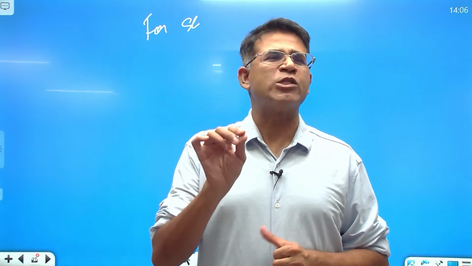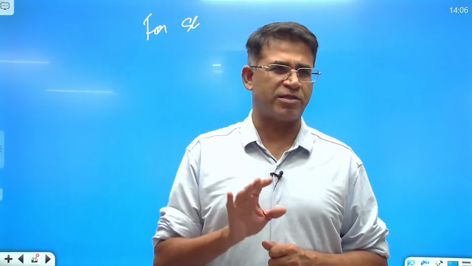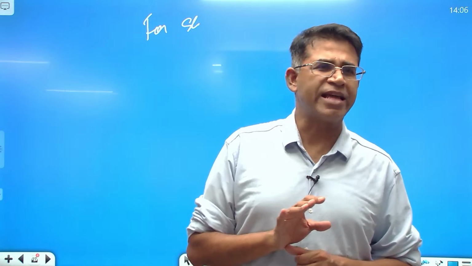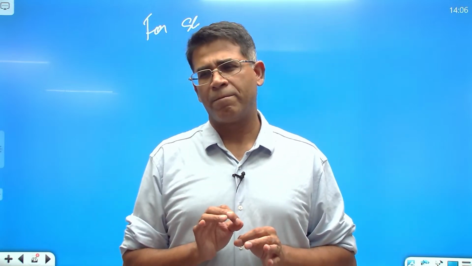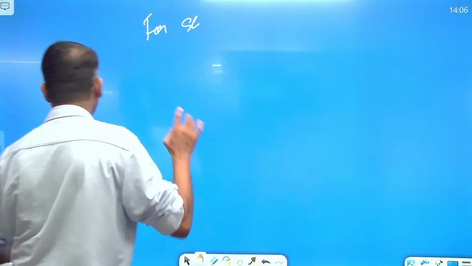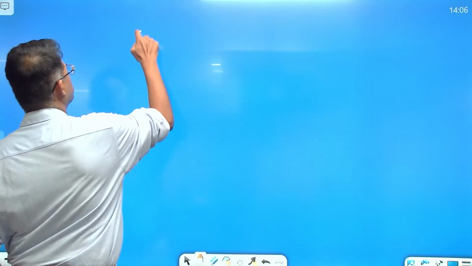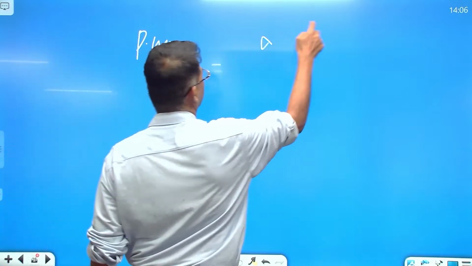Next slide. The P and S waves have typical properties. Okay, आपको दो याद रखना है. So there are P waves and there are S waves.